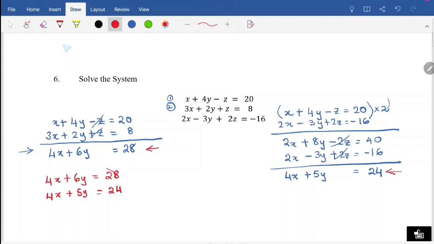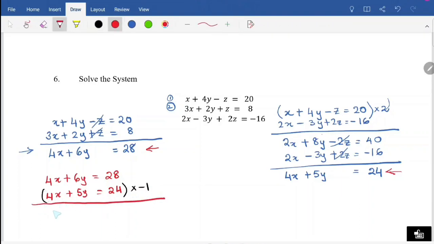But if I multiply one of them with a minus 1, then I can get a minus 4x, which will eliminate the x variable. So what I'm going to do is multiply the second equation with a negative 1.